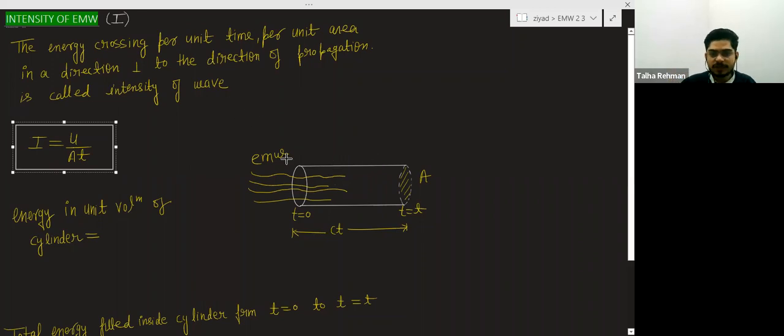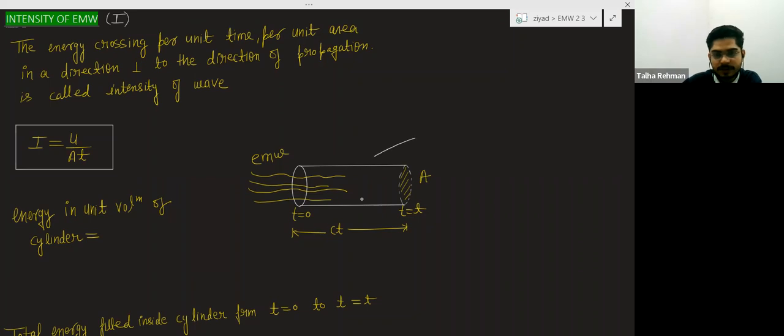So now imagine a cylinder here. This is an imaginary cylinder.